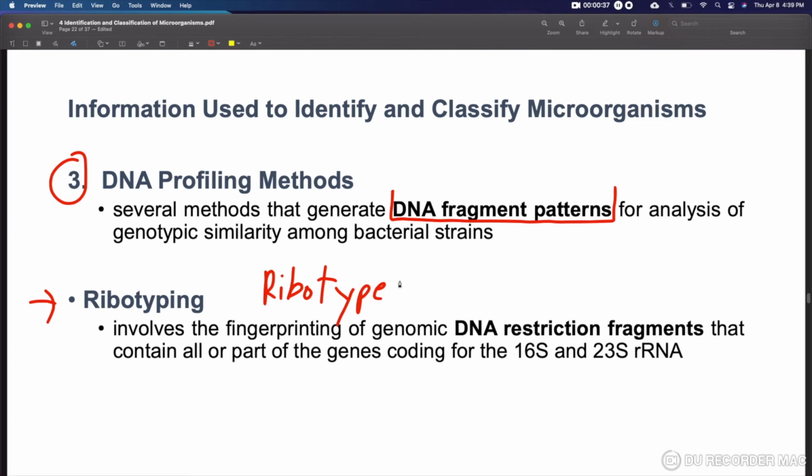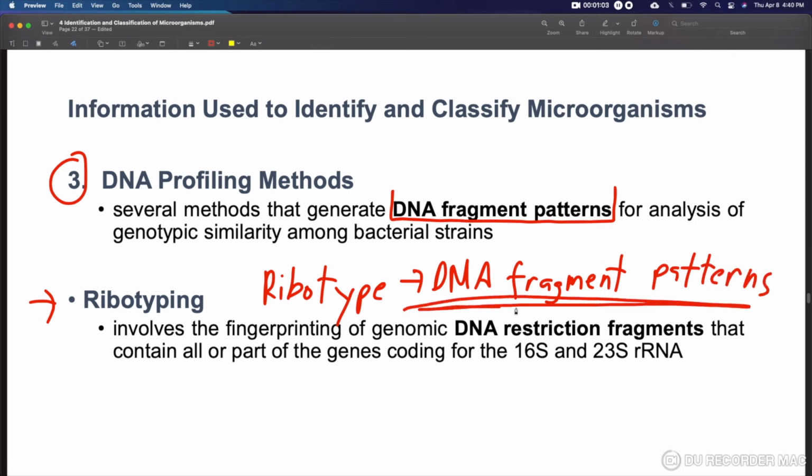Ribotypes are the image of the DNA fragment patterns.